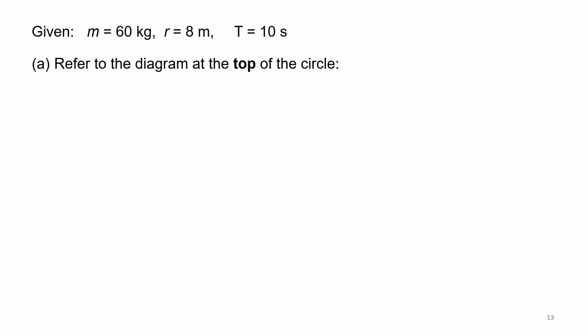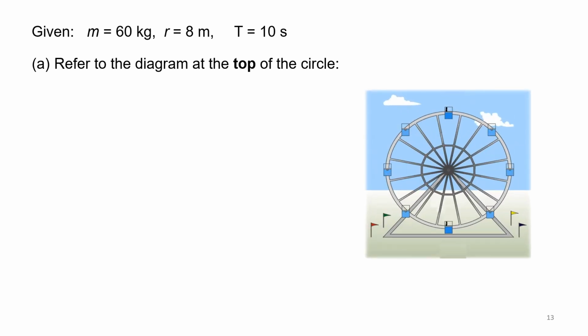Now we can answer question A, to calculate the normal force exerted on the rider at the top of the circle. The first step, we need to sketch the free body diagram. The first force acting on the rider is the normal force directed upwards. It is always perpendicular to the surface.